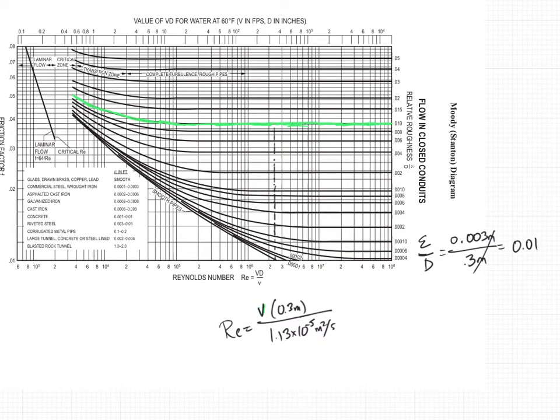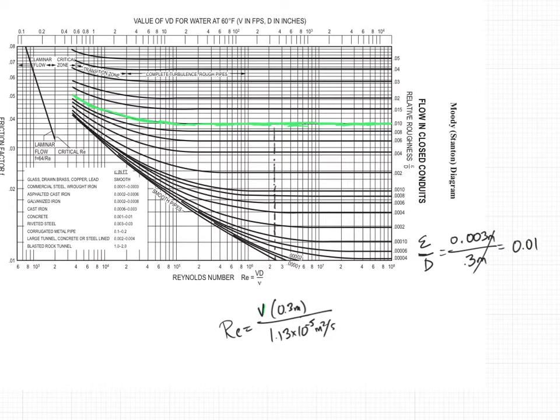Well, maybe. So what we're going to do here is an iterative process. And every time you see a type 2 problem, we're going to do the same sort of iteration. It's going to be the exact same order, the exact same things. The equations won't be the same. You're going to have to make the equation for the given problem.